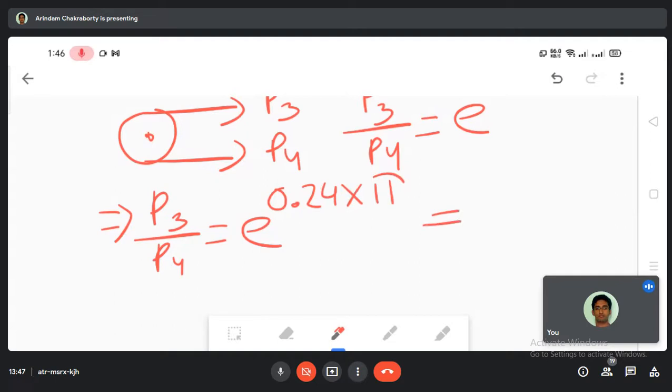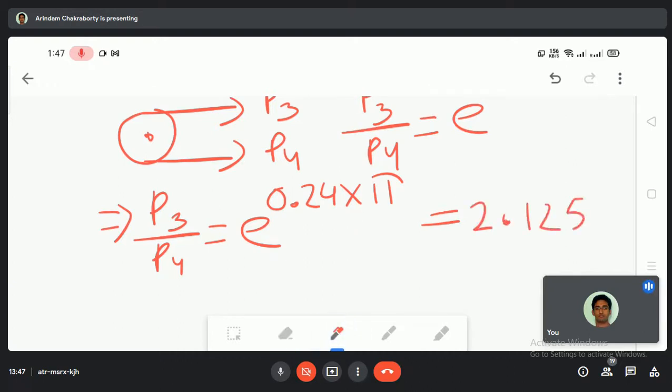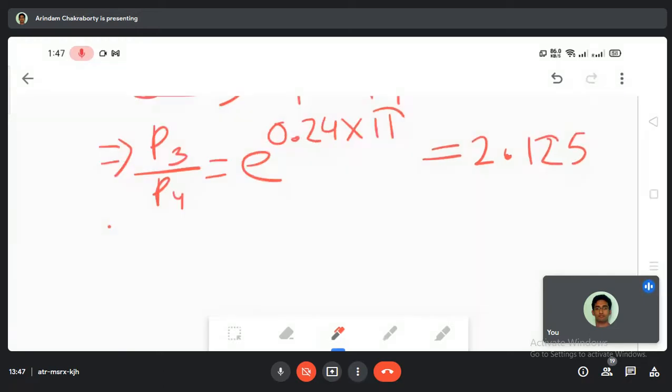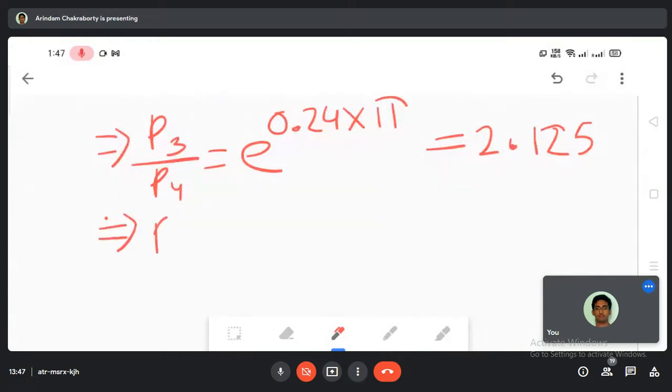Tell me what would be the value? কত আসবে? 2.1254 আসছে। আচ্ছা ঠিক আছে, 2.1254, বাস আর বেশি নিতে হবে না। That means P3 is equals to 2.125 times of P4. Let us give it as equation number 1.